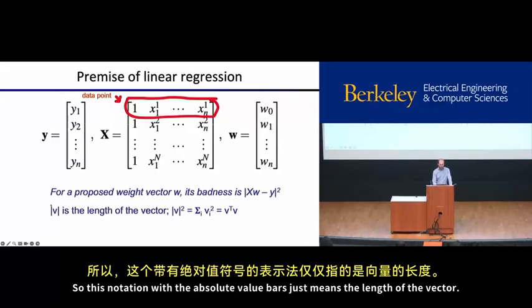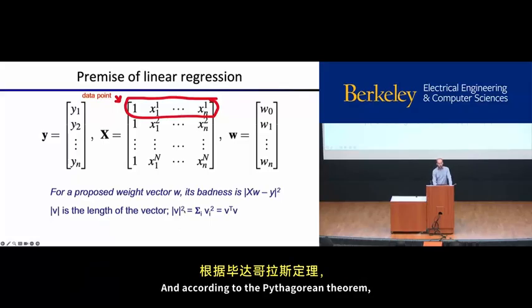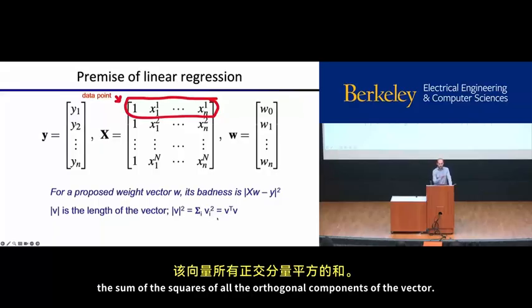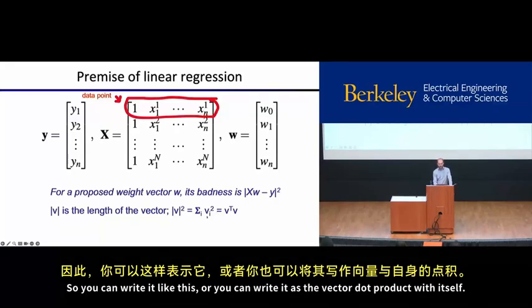So this notation with the absolute value bars just means the length of the vector, and according to the Pythagorean theorem, the length of the vector squared is equal to the sum of the squares of all the orthogonal components of the vector. So you can write it like this, or you can write it as the vector dot product with itself.